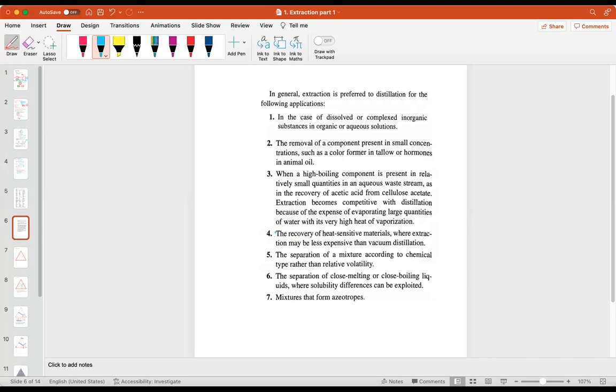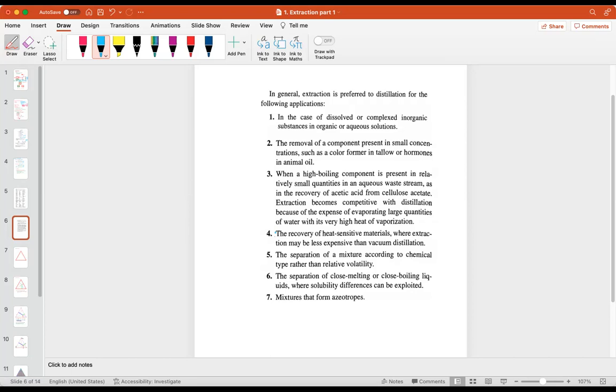or if the compound is sensitive to heat, because in distillation we use heat as the driving force to separate the compounds. Let's say we want to separate essential oil, for example, and there's a type of essential oil that is going to be broken, rusak, if we increase the temperature too high.